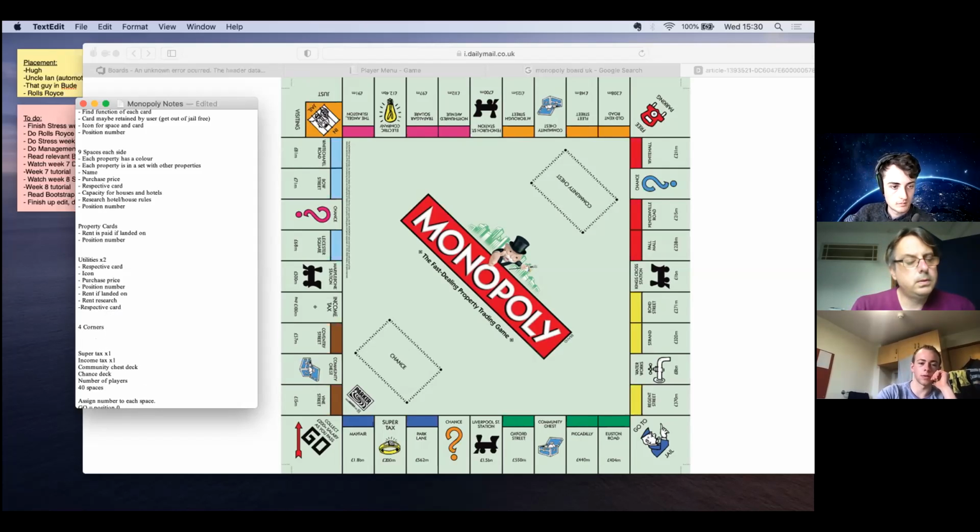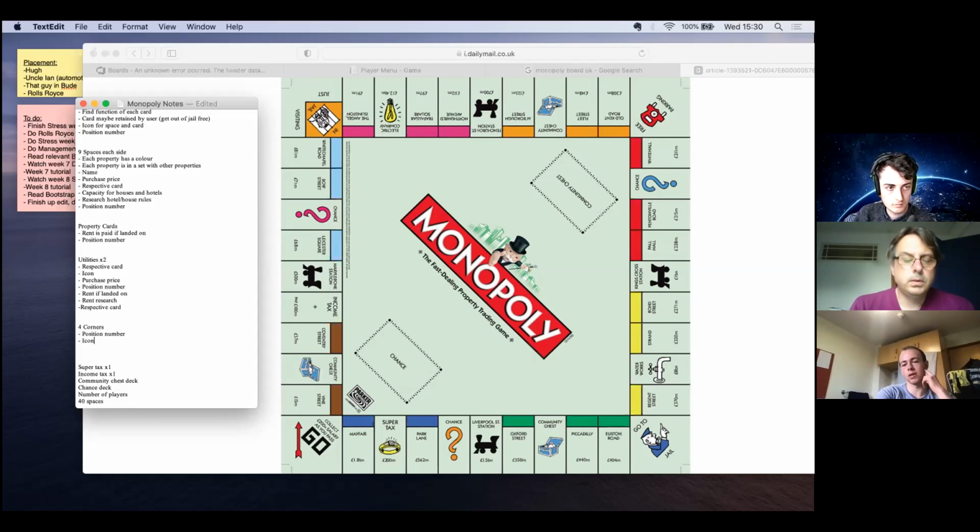Corners, well, you have a position number to start off with. And then you have an icon for each one. And I guess you could say there's like a rule for each one. So for go, you collect £200.